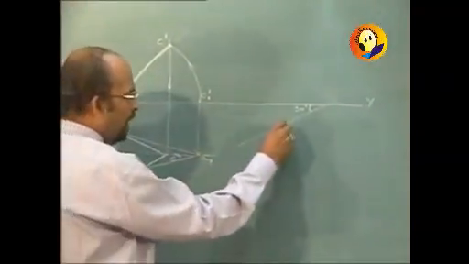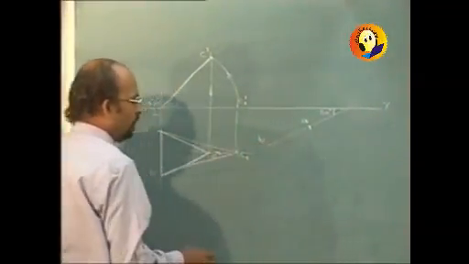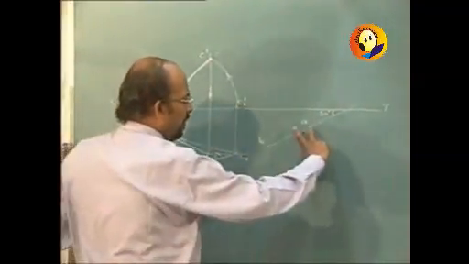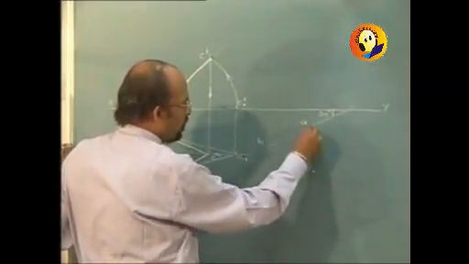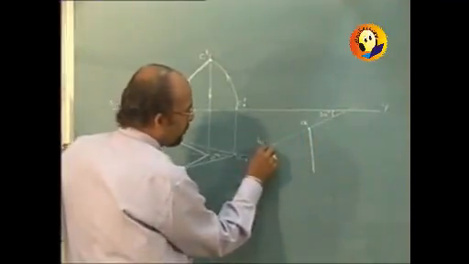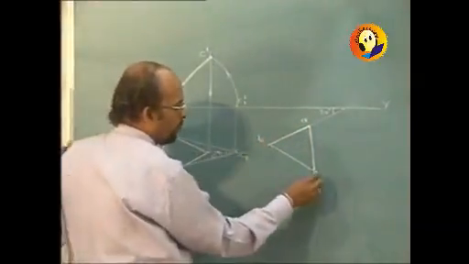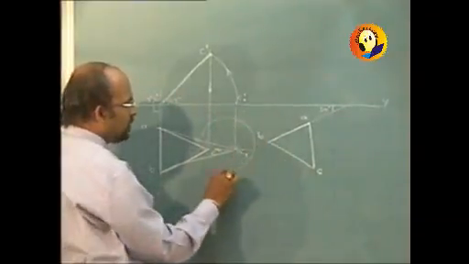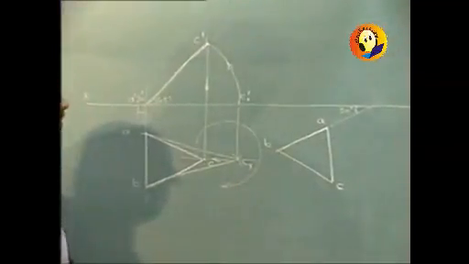Take a distance equal to AB in the compass and mark points A as well as B. And then you can take a distance equal to BC and AC, and mark point C in plan. Observe that it is as if we have rotated the figure in this manner, so that it makes 30 degrees with VP.